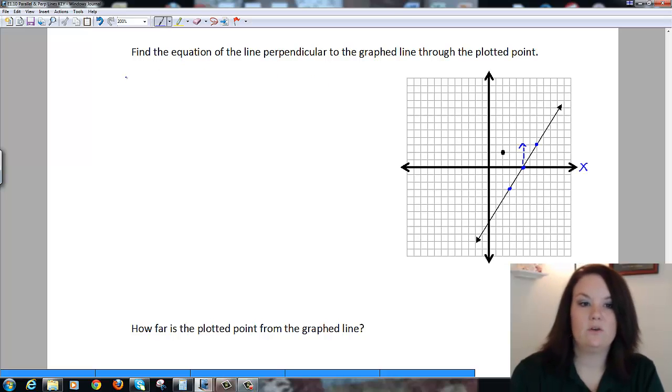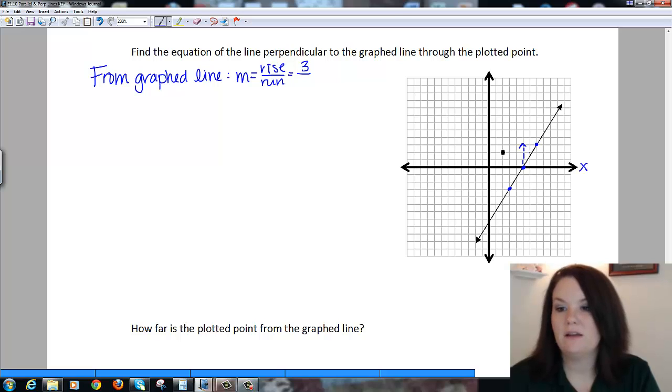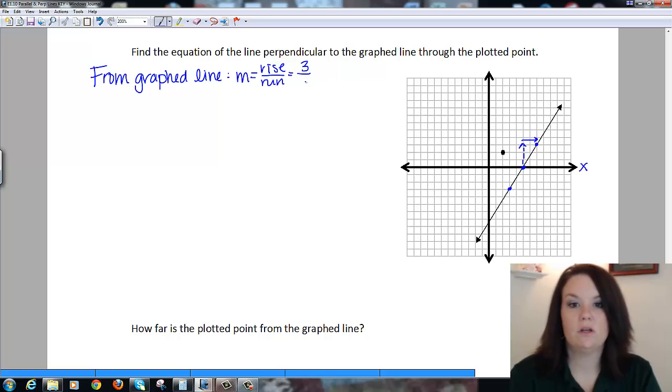My rise, I'm going up 1, 2, 3. So for my slope from the graphed line, my slope, which is my rise over my run. My rise is a positive 3, and then my run, if I count how far I'm going from this point over to my next point, is a run of 2. So I'm rising 3, I'm running 2, which means that my slope for this line is 3/2.